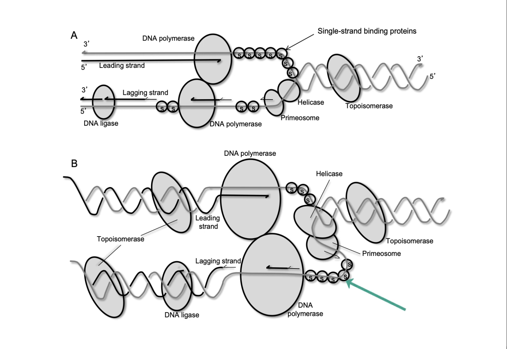It actually folds out for a time until the primosome can fit in there and make the primer, and then the DNA polymerase flips back to that point and starts in the 5' to 3' direction, synthesizing a new strand from that template.